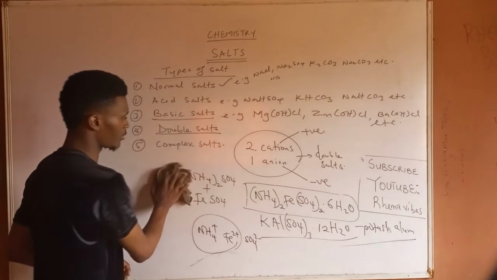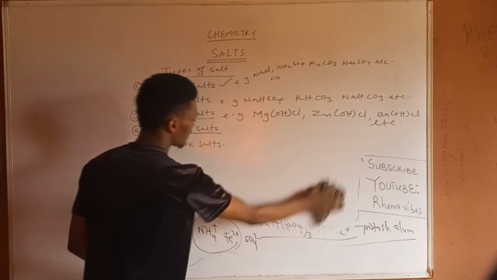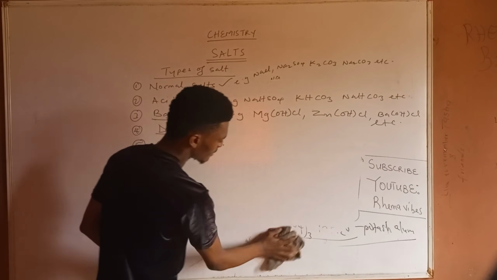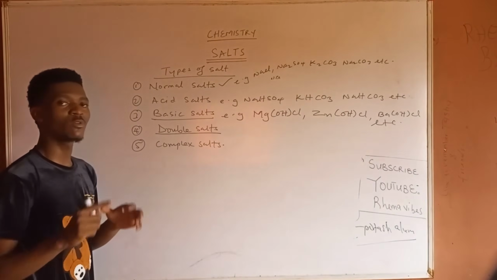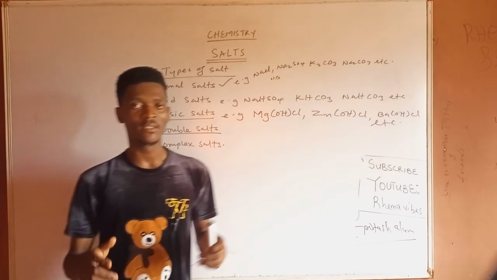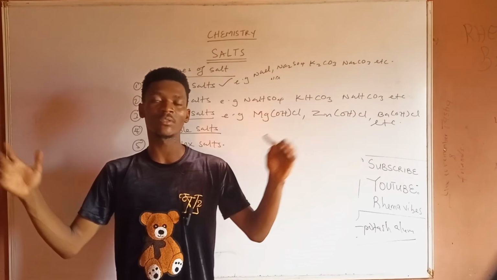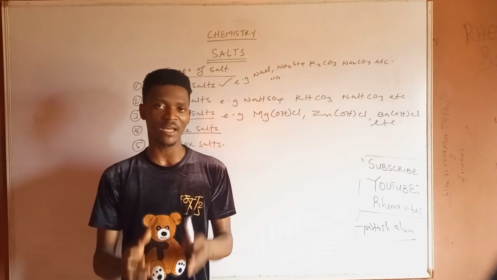Okay, then for complex salts, complex salts are simply salts that are made up of a centrally located positively charged ion, which usually comes in form of a metal, and then it is linked to other electron donating species, which are considered as ligands.